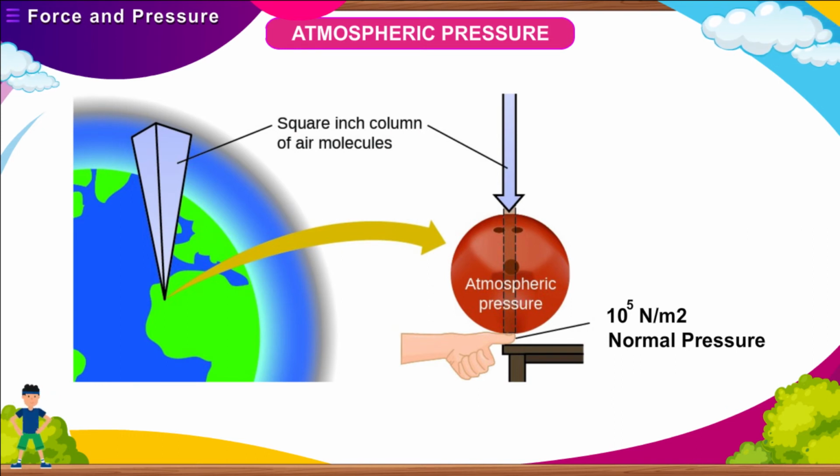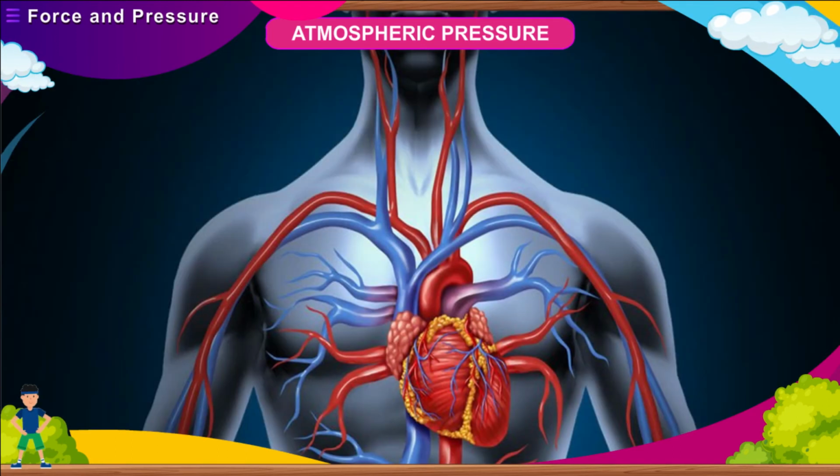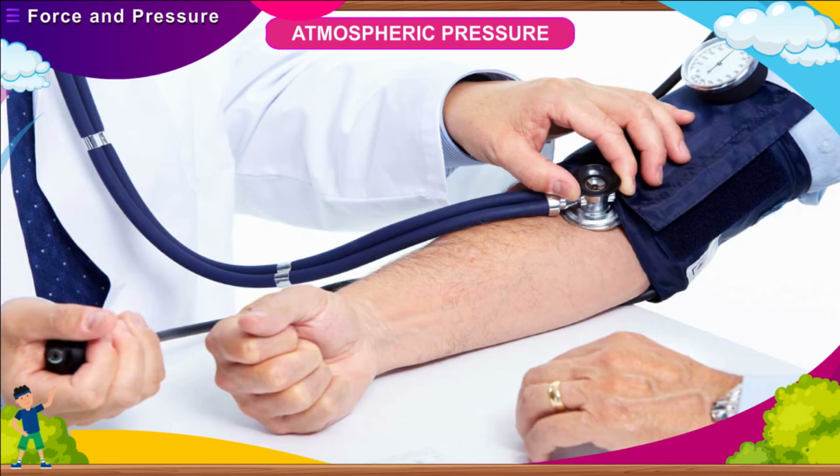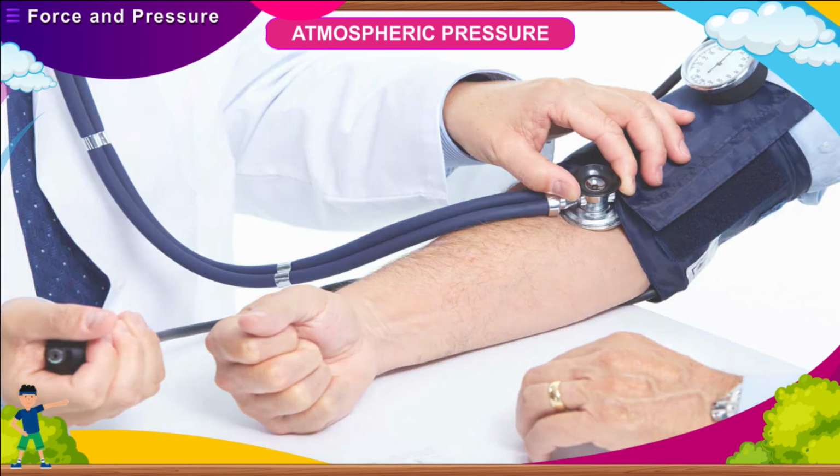The atmospheric pressure is about 10^5 N/m² at sea level and is called normal pressure or standard pressure. We do not feel this pressure under normal conditions, as it is counterbalanced by the pressure of the blood running in our blood vessels. This pressure is called blood pressure.